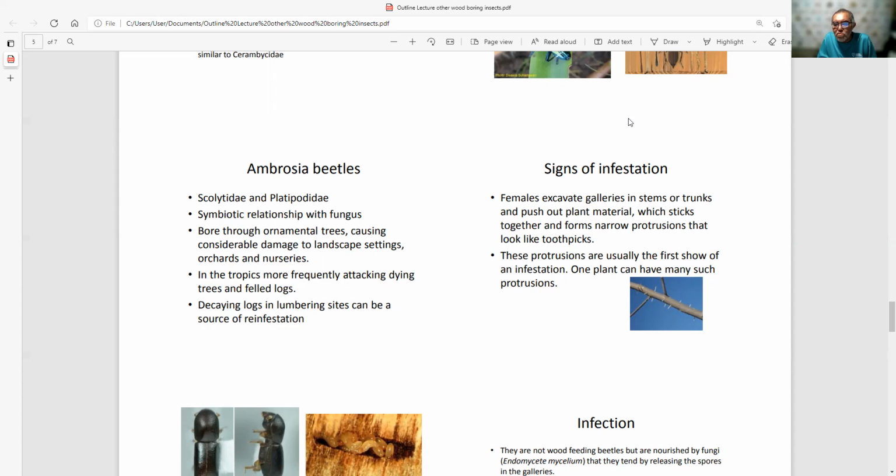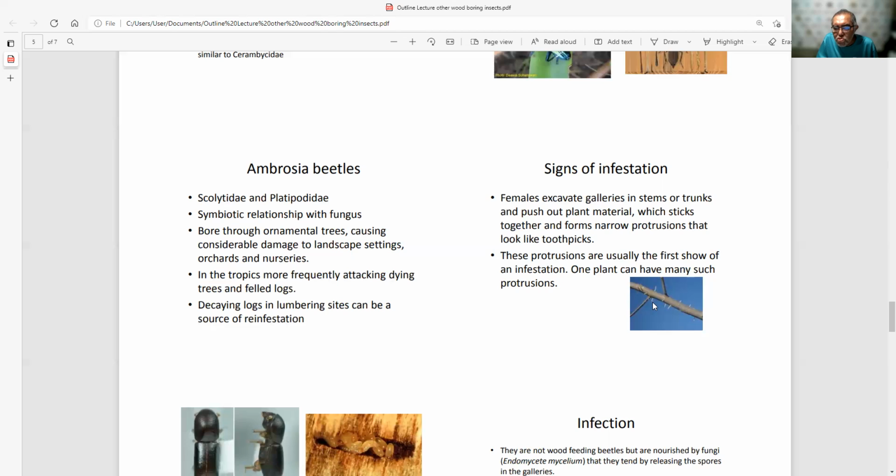Signs of infestation: females excavate galleries in stems or trunks and push out plant material, which sticks together and forms narrow protrusions that look like toothpicks. So dia akan gali ke dalam kayu ni, kemudian dia akan push the byproduct, membentuk macam toothpick, macam colek gigi.